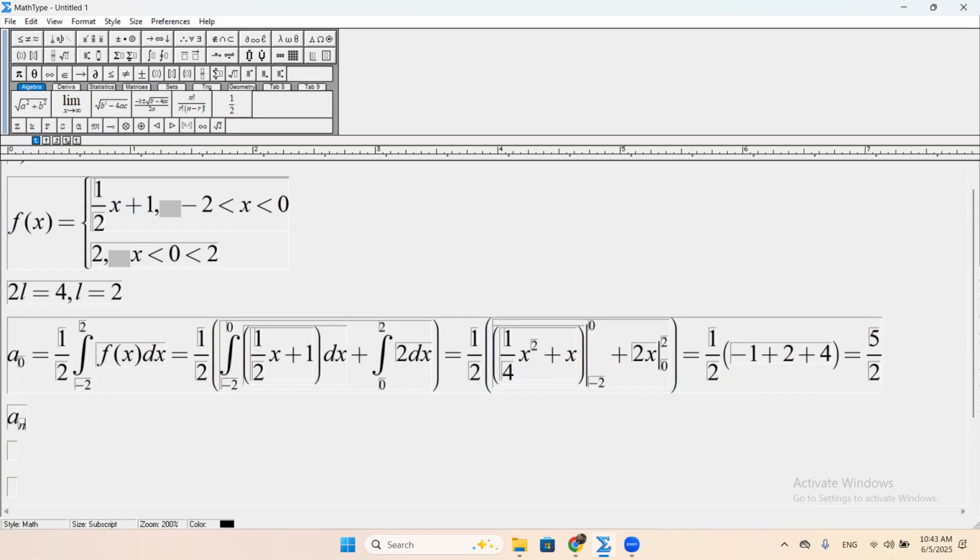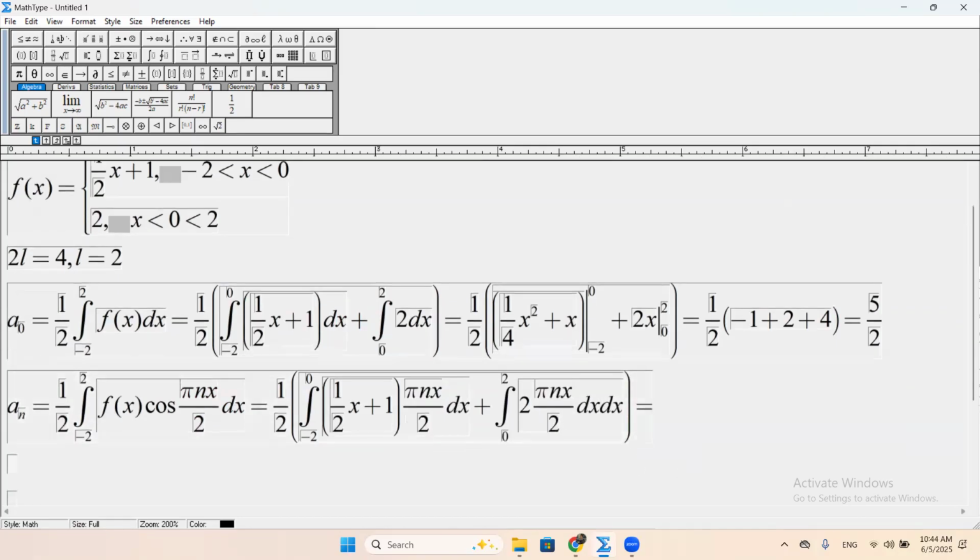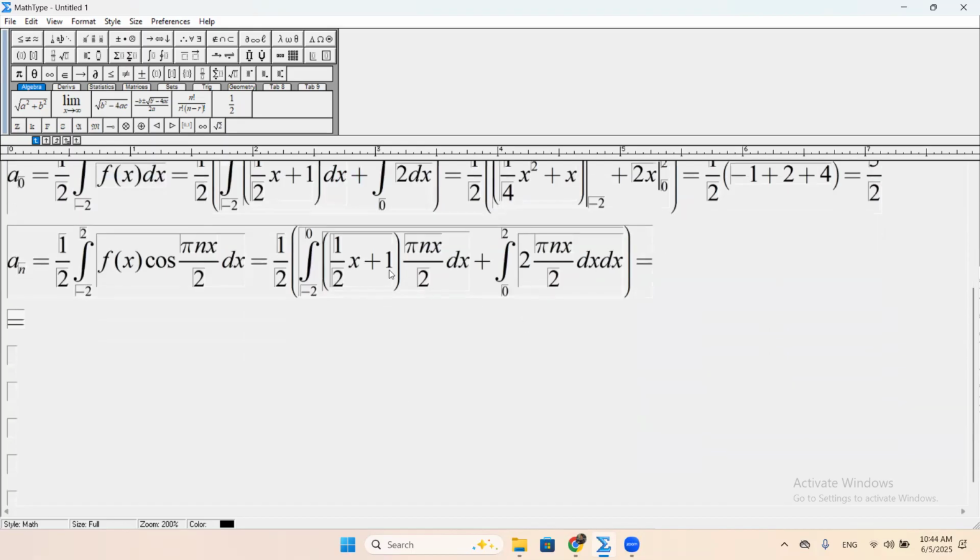And what about An? Moving to An: 1 over 2 times the integral of this expression times cosine of pi n x over 2 dx. This integral will be calculated by parts.